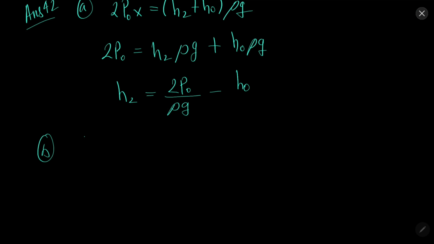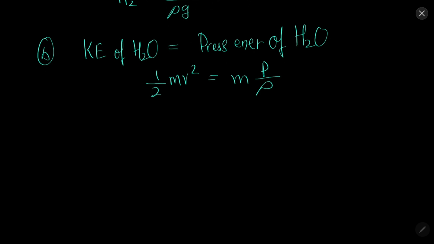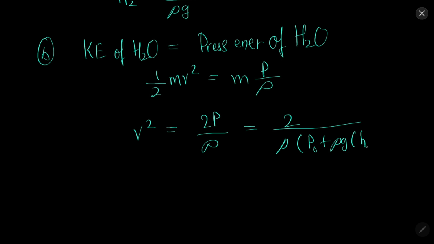And B part, the kinetic energy of water will be the pressure energy of water at that layer. Half m v square equals m p over rho. V square equals 2p by rho. So it will be 2 over rho into (p naught plus rho g (h1 minus h naught)).